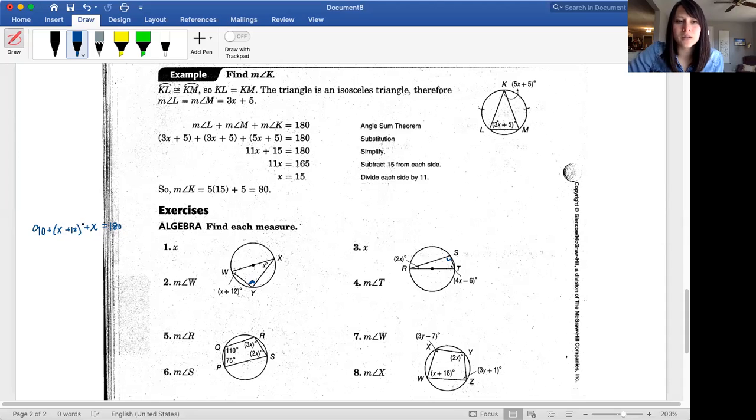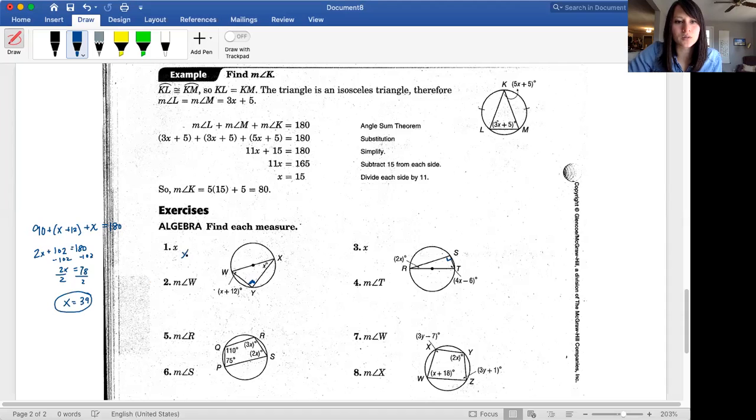So I could even take off these parentheses because it's all addition. So x plus x is 2x. 90 plus 12 is 102. Subtract 102 from both sides, and you have 78. Divide by 2, and x equals 39.